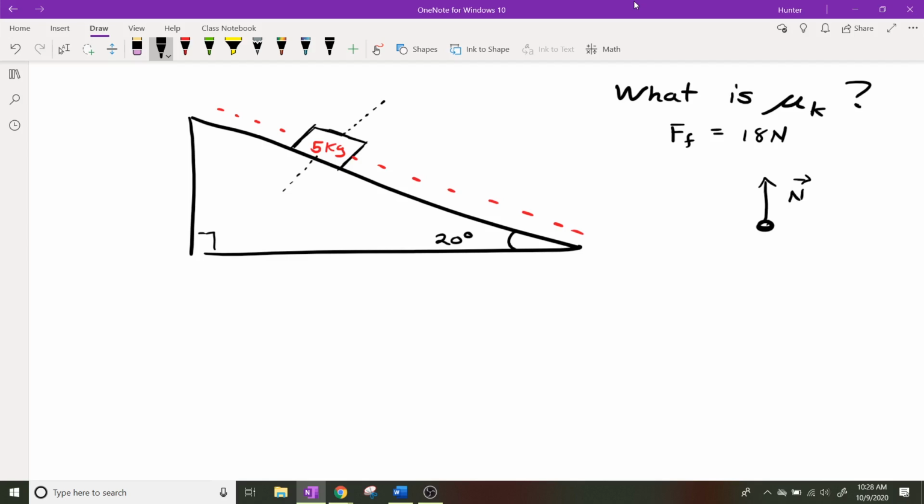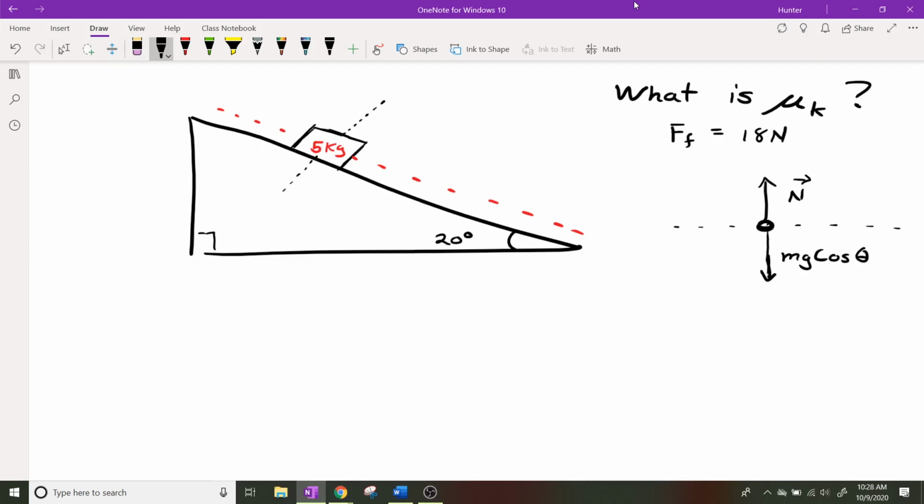If the line of action is along this dotted line, the one going down this way, the force down here is not mg. This is going to be mg cosine theta.